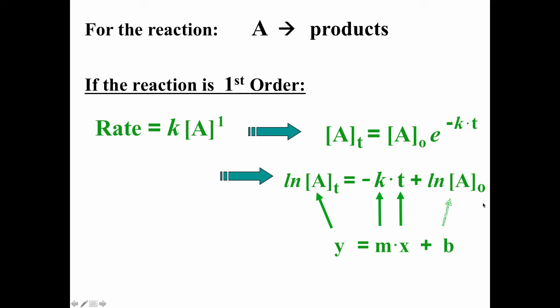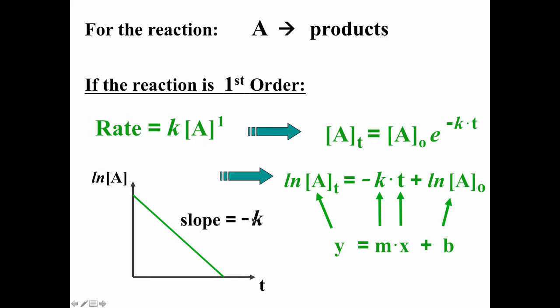And once again, this is a linear equation. It's the form y equals mx plus b if our y is the natural log of the concentration of A and our x is our time, and then the slope will be negative k. So if we have data for a reaction and it's first order and we graph it, if we graph time versus log of concentration, we'll get a straight line with a slope of negative k.